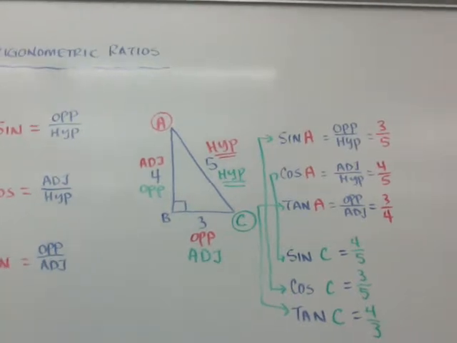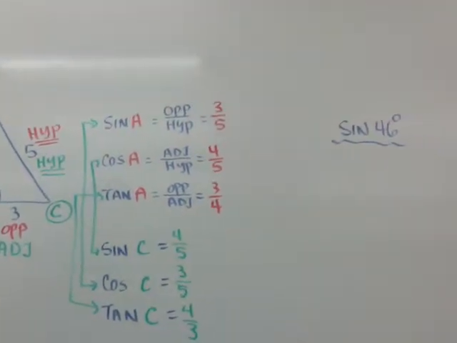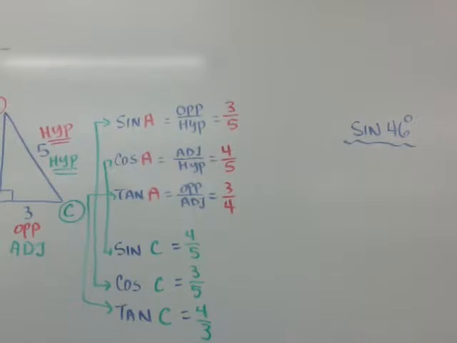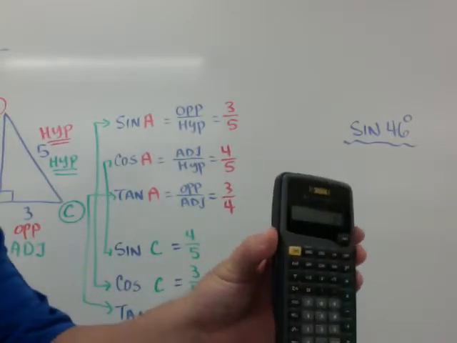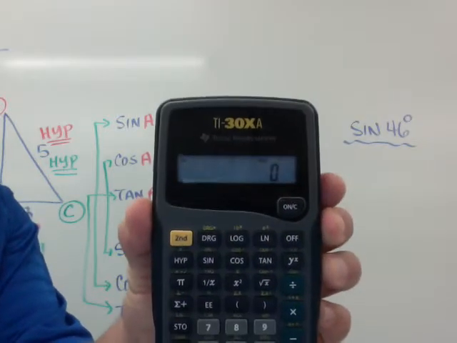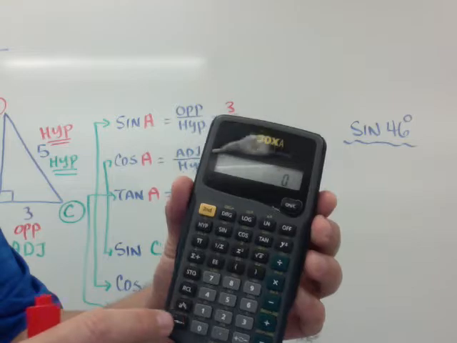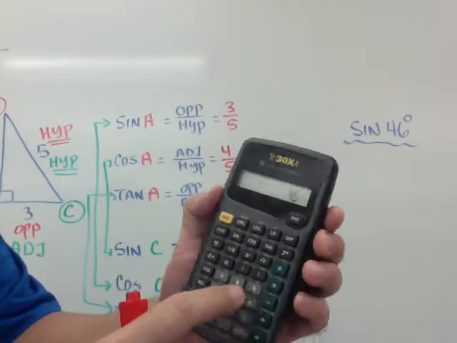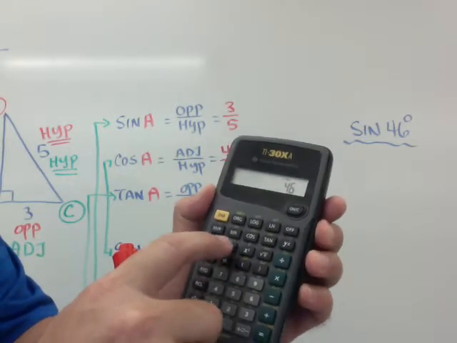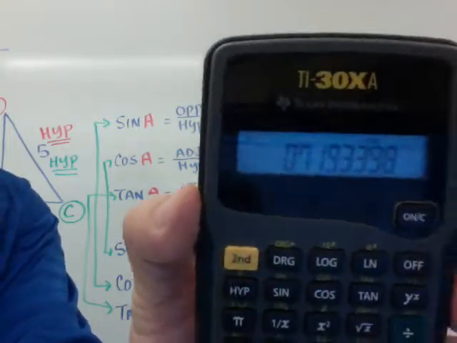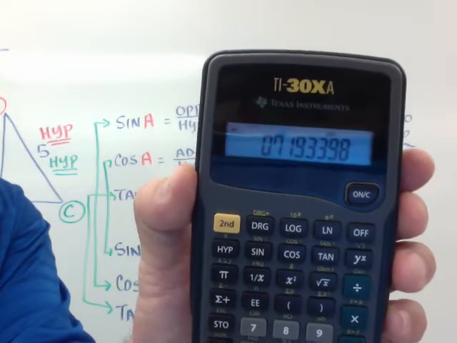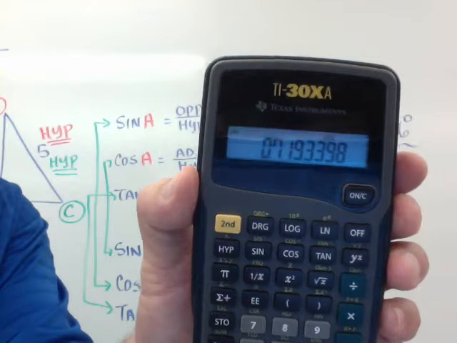The one more thing I wanted to show you was how to use the calculator. So I have sine of 46. Depending on what kind of calculator you have, if you have one of these, you can see the sine, cosine, and tangent buttons. In this case, you would hit 46 and just hit the sine button. And you can see it's 0.71933998.